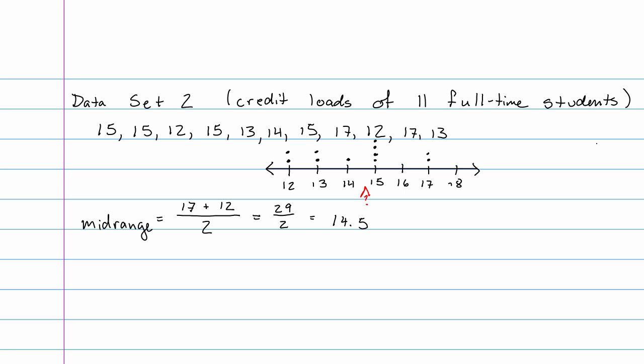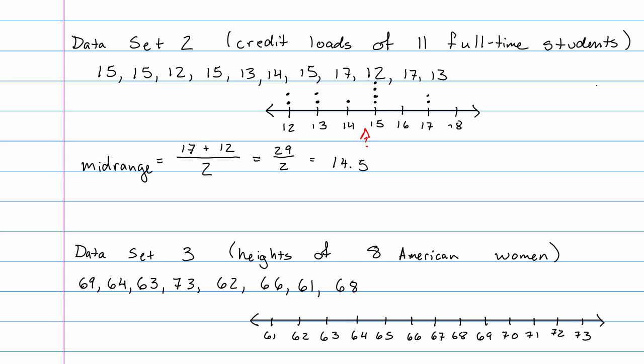But now let's look at it for data set 3. For this data set, we've got a value here, one here, one here, one here, one here, here, here, and here.